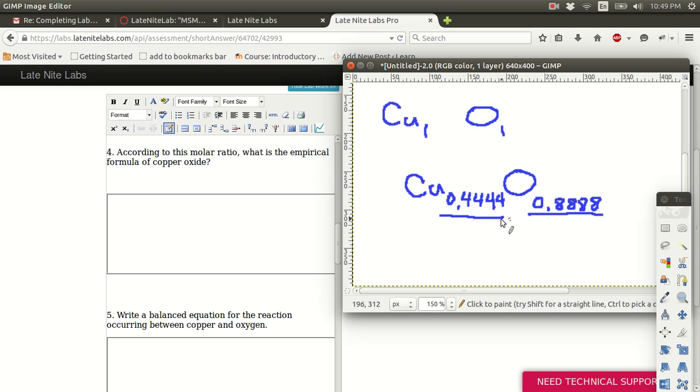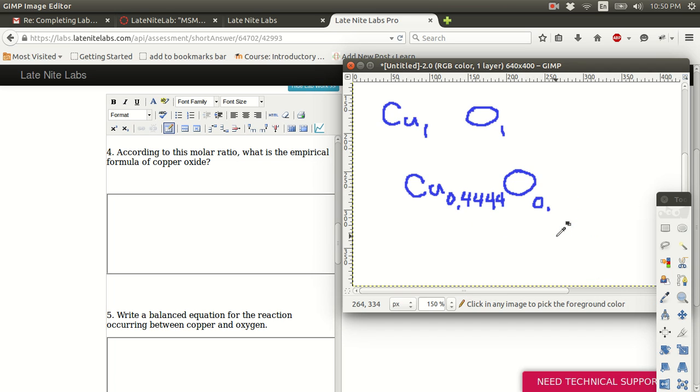Then I would divide by the lowest to get the mole ratio, and that would get me Cu1O2, which would be CuO2. This compound does not exist in nature, but just to show you a little more on the empirical formula calculation, I show you this example.